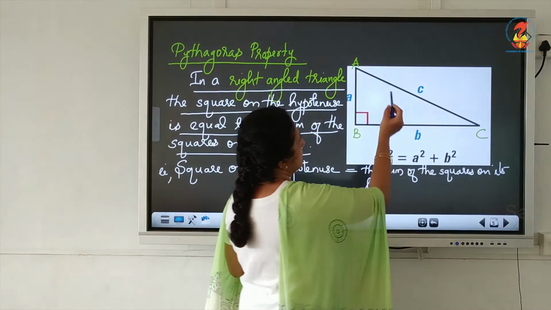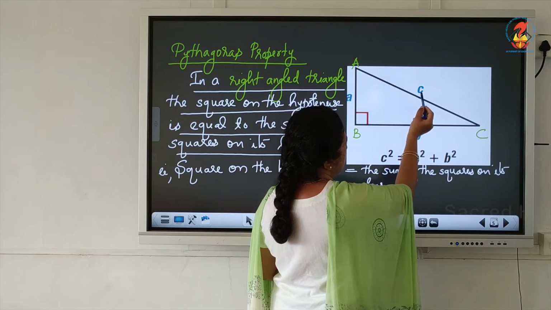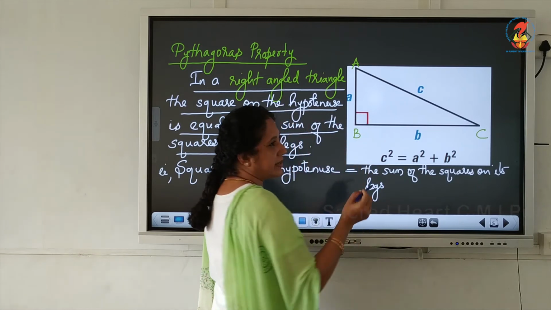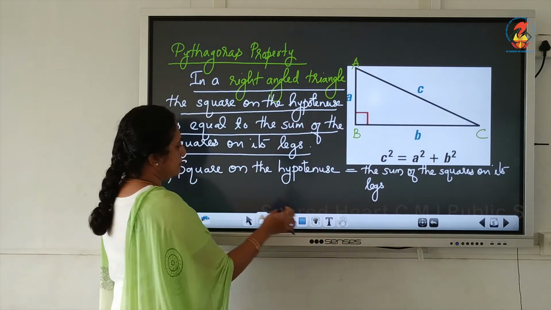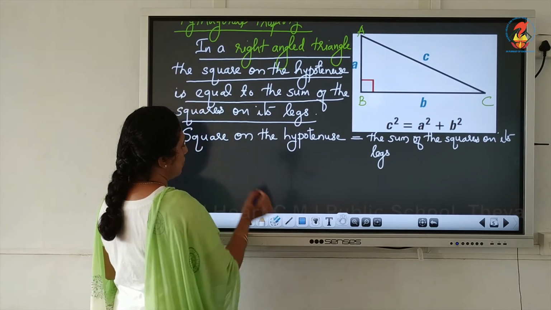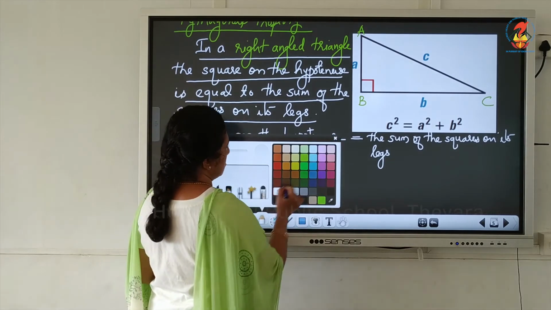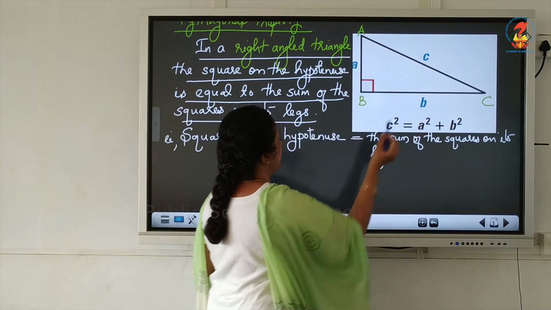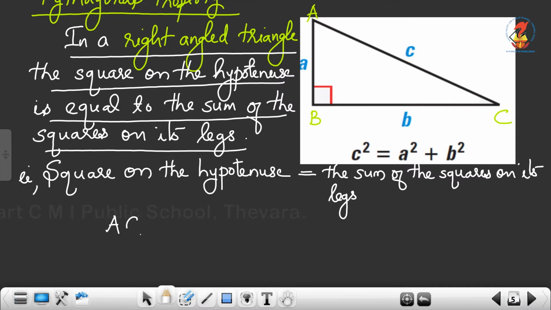Now, suppose the length of the hypotenuse is given as c and the lengths of the legs are given as b and a respectively. Now, the property states that the square on the hypotenuse, so here the hypotenuse is AC. The square on the hypotenuse means AC square. The square on the hypotenuse is equal to the sum of the squares on its legs.